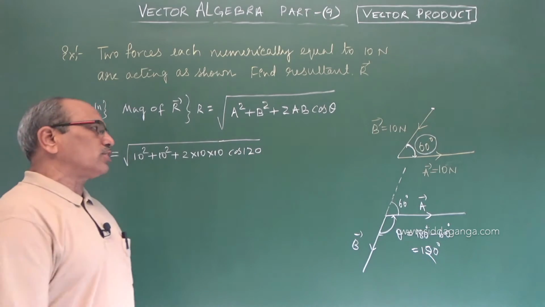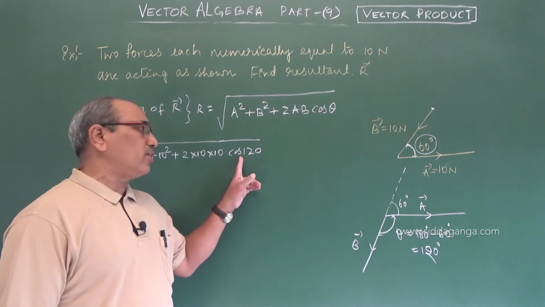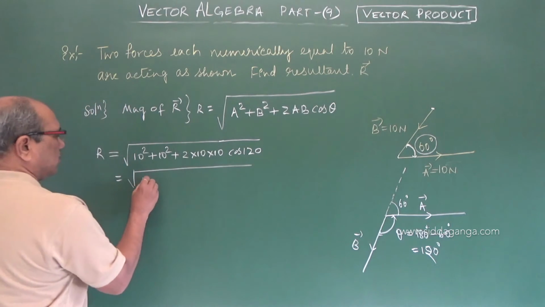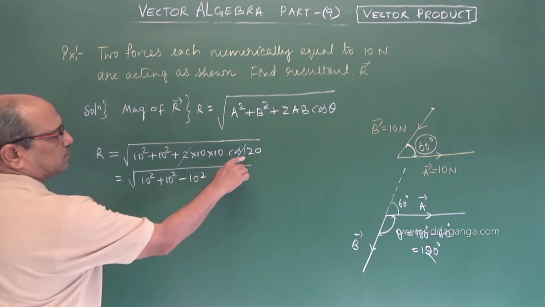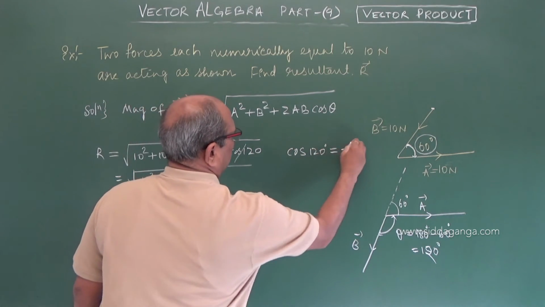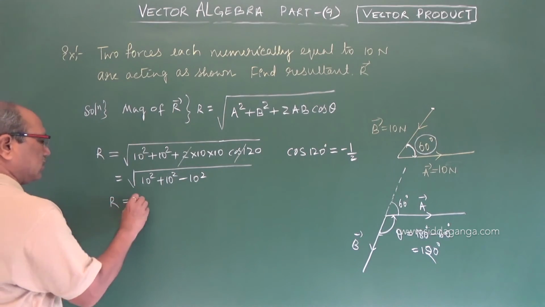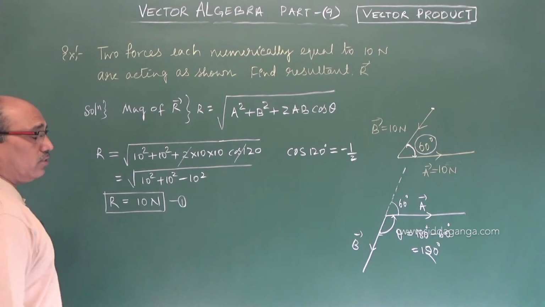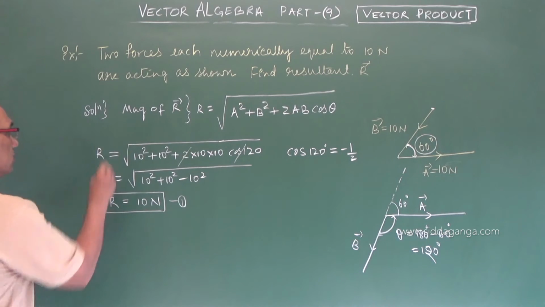Cos 120 is cos 90 plus 30, which becomes minus sin 30, negative because of the second quadrant. So cos 120 equals minus half. The 2 and half cancel, and what remains is 10 square plus 10 square minus 10 square. So the answer is 10 Newton. As usual, we go without thinking, and our mind is not working correctly in response to some tricks. So the first step is over.